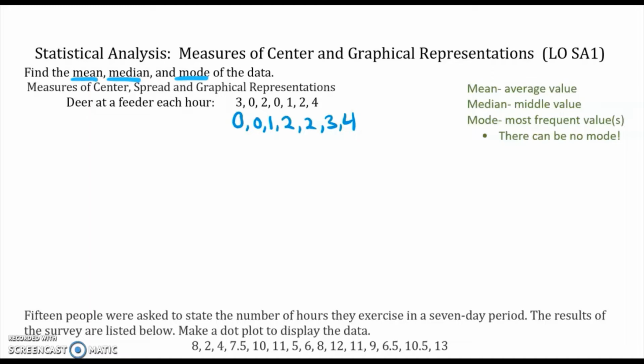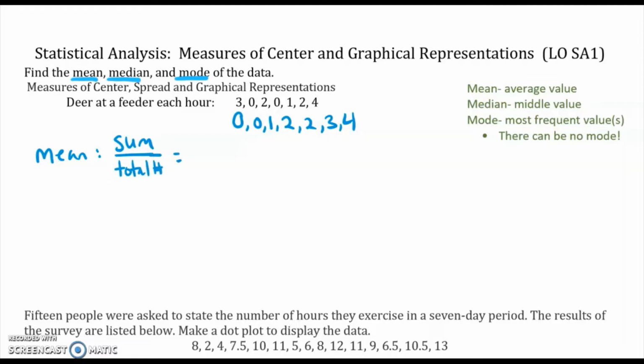So how do we find the mean? Well, the mean is, like I said, the average. So when you do the mean, you take the sum of your values and you divide it by the total number of values you have.